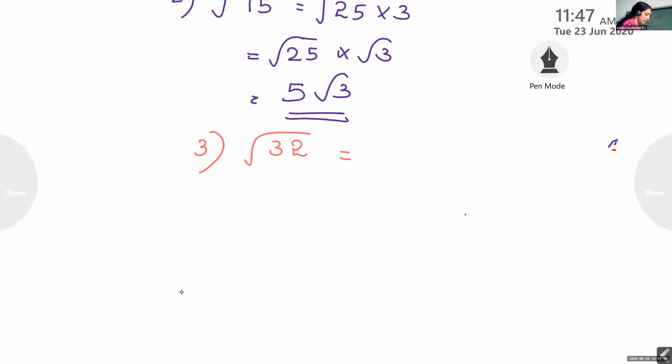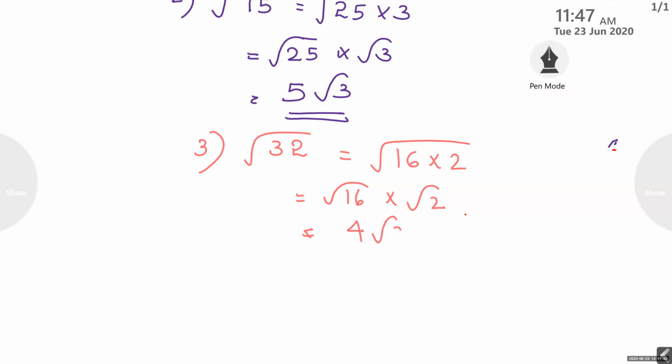Okay, 16 into 2. Now you got the idea. And the answer is? Next step also you write root 16 into root 2. 4 root 2. Very good, 4 root 2.